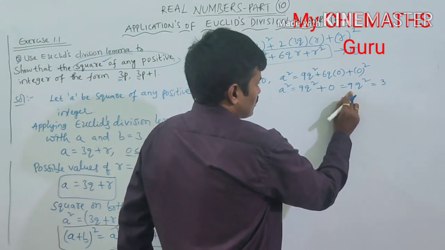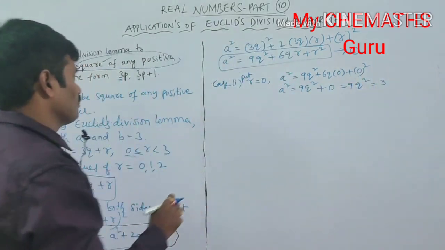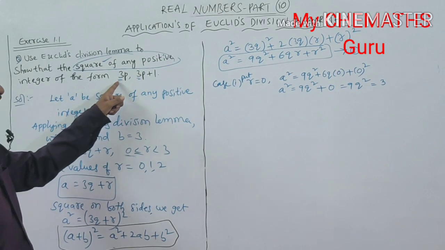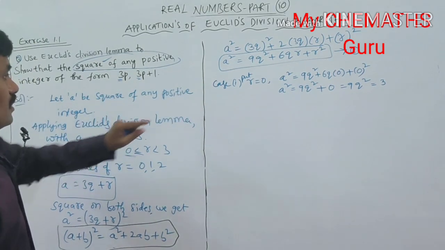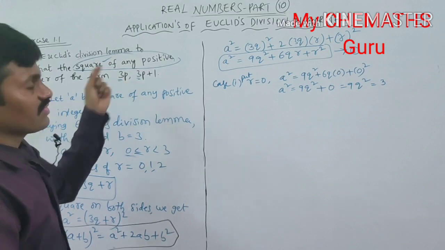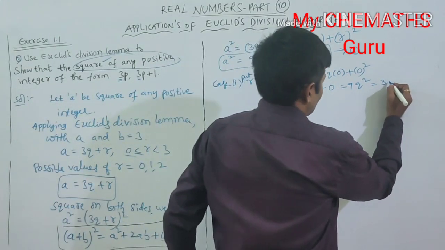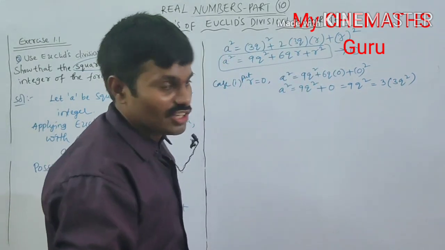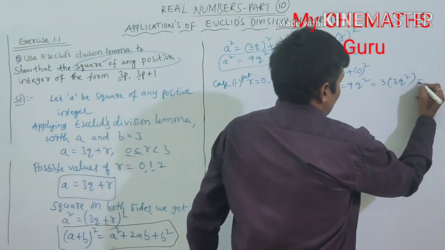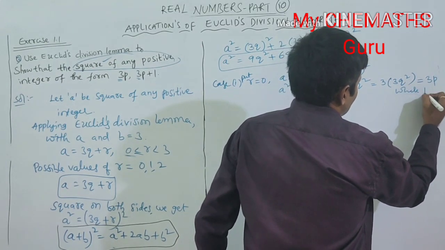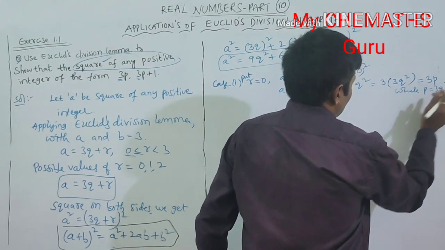Why am I writing in the multiples of 3? Because our requirement is either 3p or 3p + 1. So 3 into 3q², and this can be written as 3p, where p = 3q², where p is an integer.